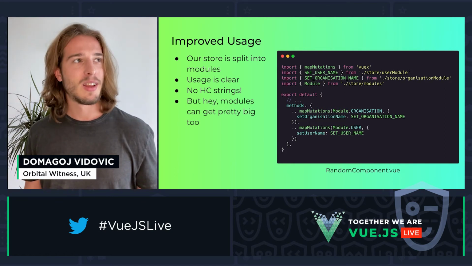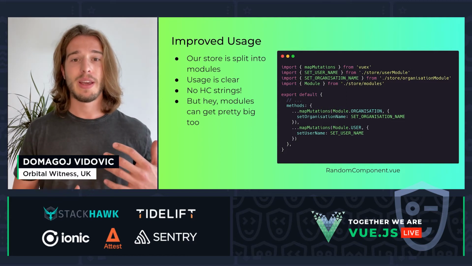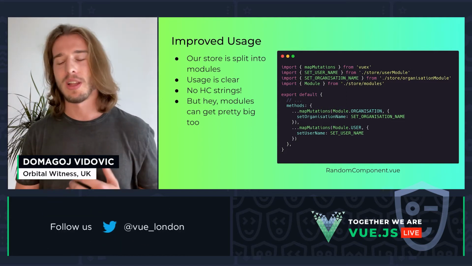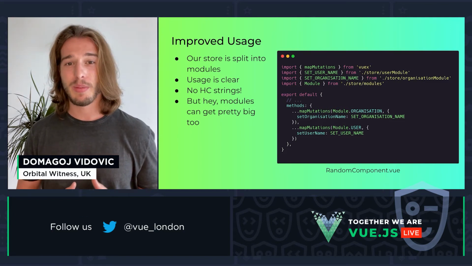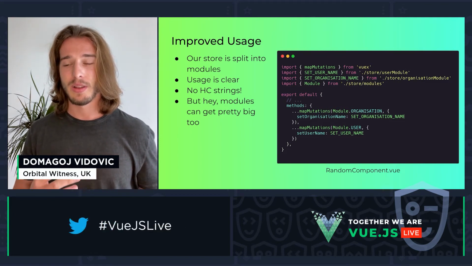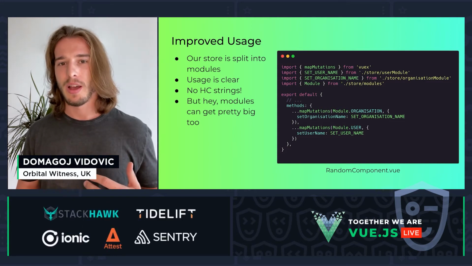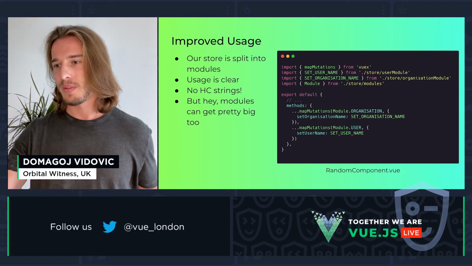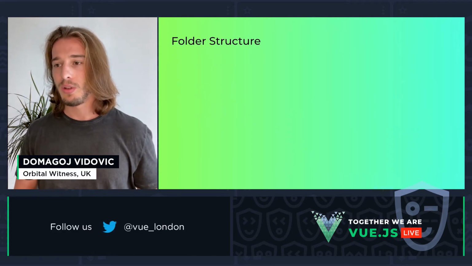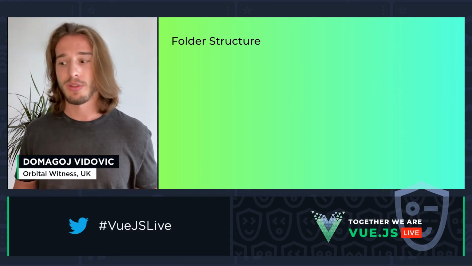But there's still one problem we need to solve. Even though our app is split into modules now, those modules can be pretty big. And we need to somehow solve that and split them even more. To do so, we need to take a look at our current folder structure first.